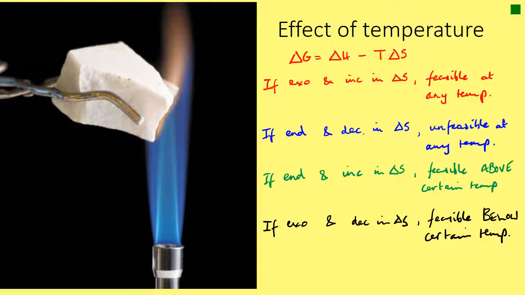So as you can see, if the delta H term is negative and the delta S term is negative, if T times delta S is greater than the exothermic enthalpy change, then delta G is going to be positive and it will be unfeasible at that certain temperature. However, if the exothermicness of the reaction is greater than the T times delta S term, then it remains feasible below that temperature.